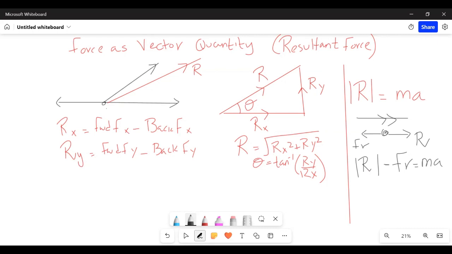So if you have the magnitude of resultant force, you can directly use resultant force magnitude equals MA instead of forward minus backward equals MA. And if you have a resultant of all the forces acting on a point, then you can use that as the forward force. And if friction is the backward force, then you can use magnitude of resultant force minus friction equals MA.